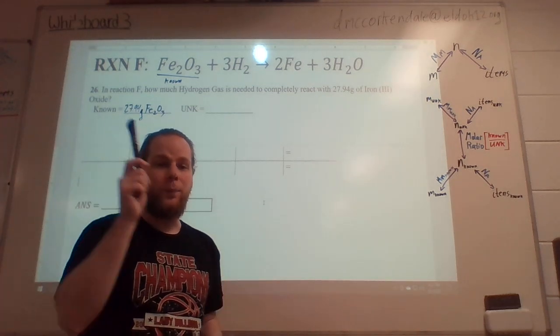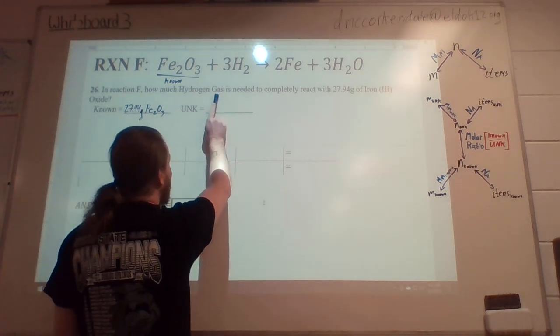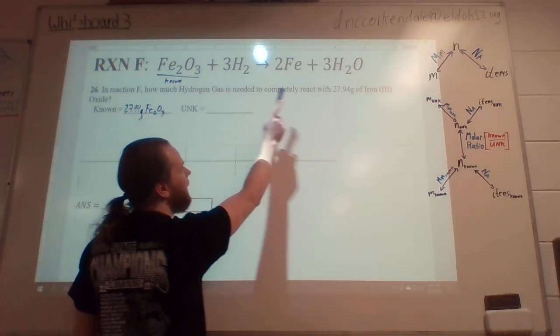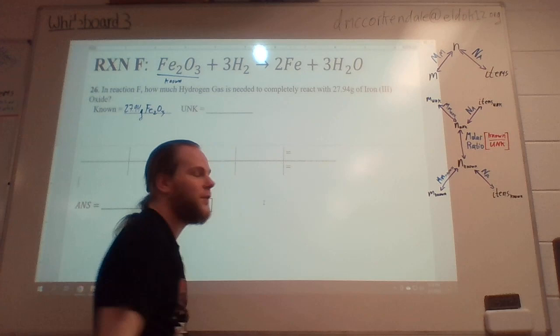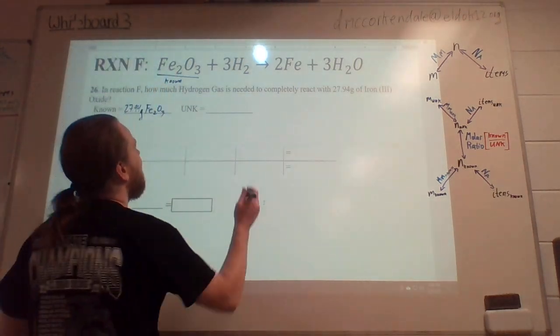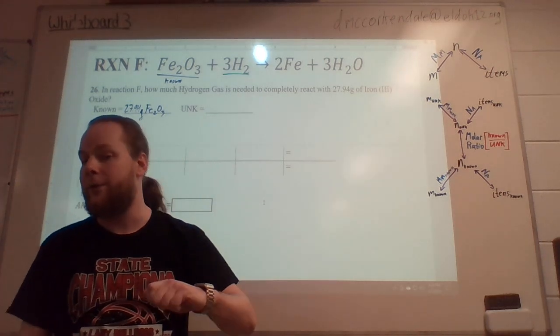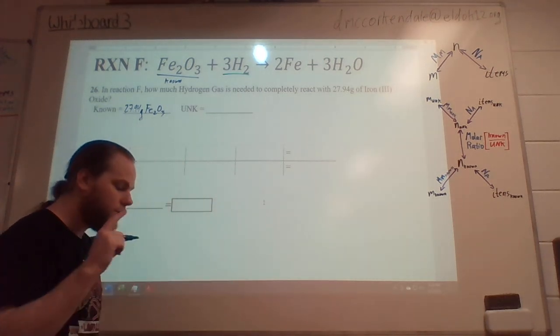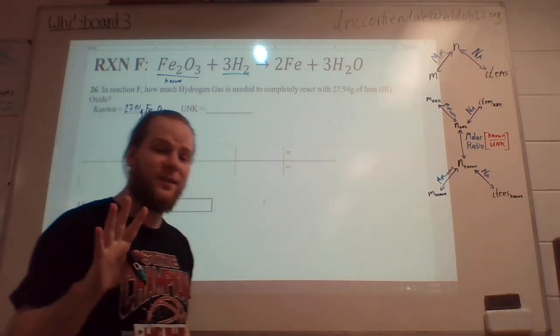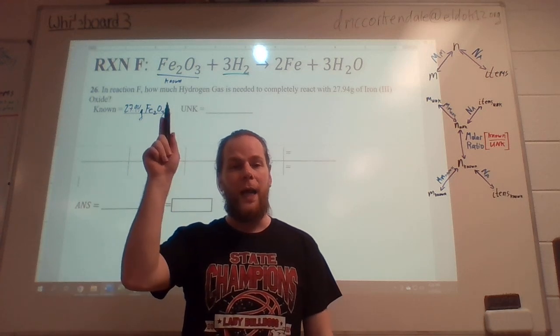And it says at the beginning of the question, how much hydrogen gas is needed to completely react with this mass of iron 3 oxide? So our unknown is this, the H2, hydrogen gas. Now, one thing that is not terribly clear from the way this question is phrased, it says how much.